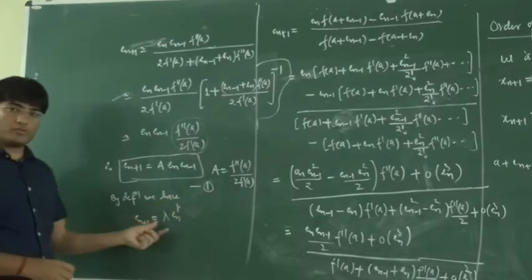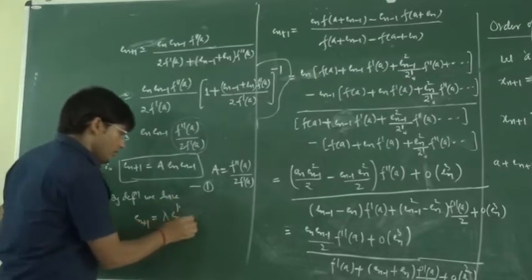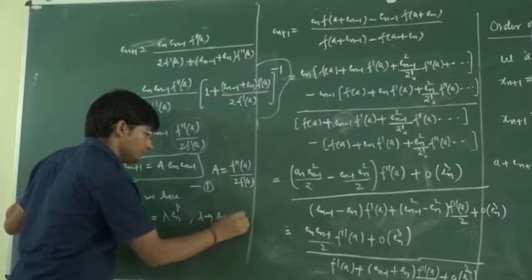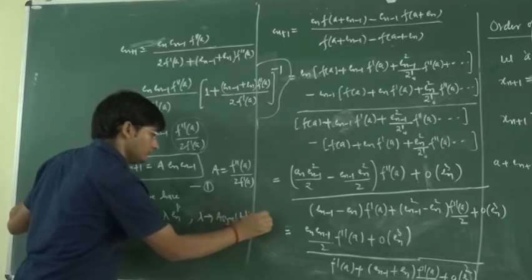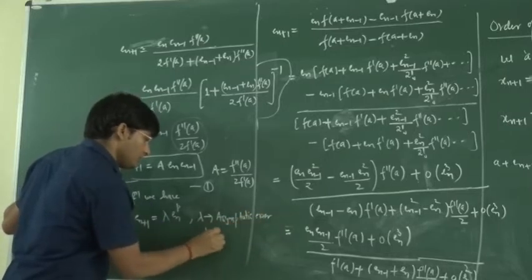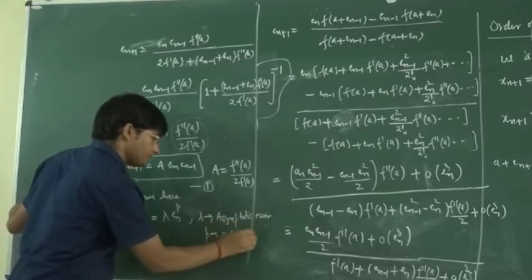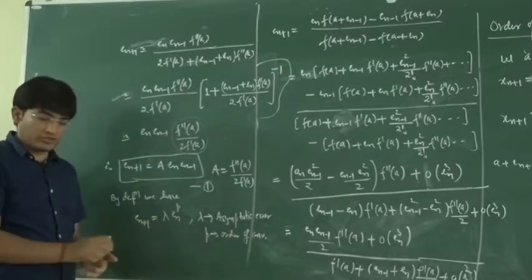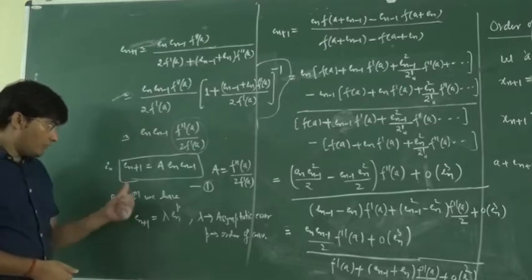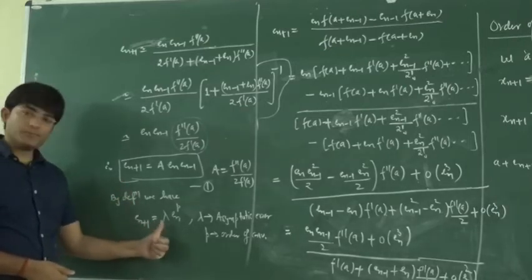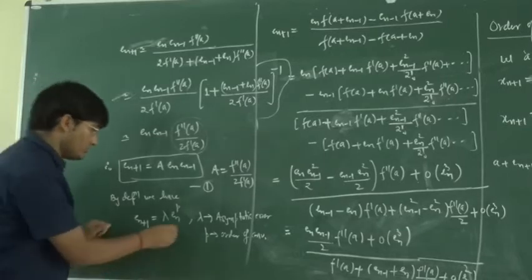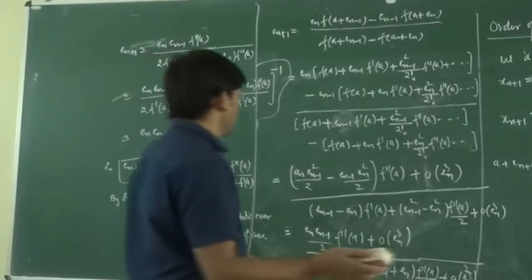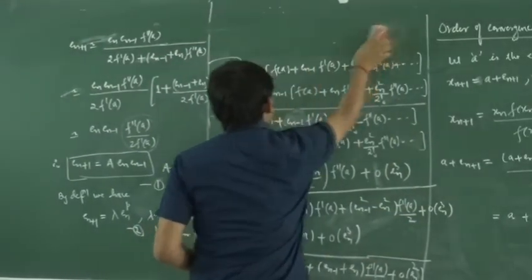Again, this is approximately equal to this value, where your lambda is the asymptotic error and p is the order of convergence. So let us find the value of en minus 1 with the help of this expression. Say this is your equation number 2. Now, just write this value here.